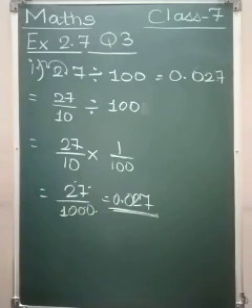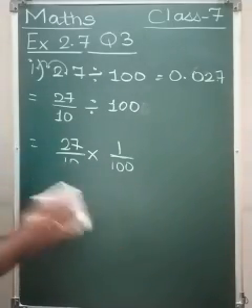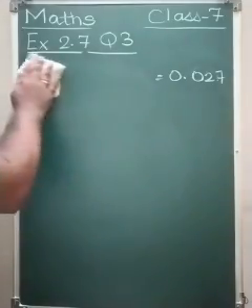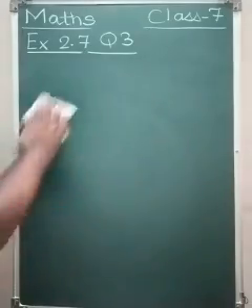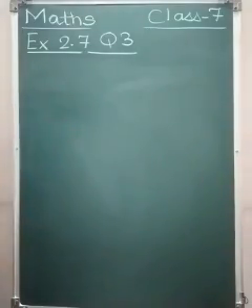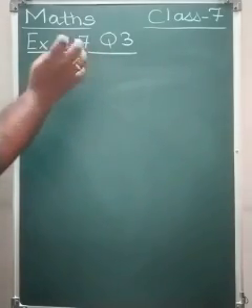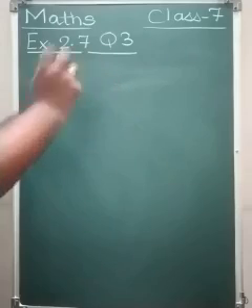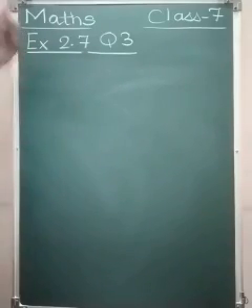Okay. Let us see which question we can solve. Question number 2. 0.3 divided by 100. If it is not possible for you to solve it orally, if the concept is not going into your head, you are not understanding it, then solve it in our conventional way.